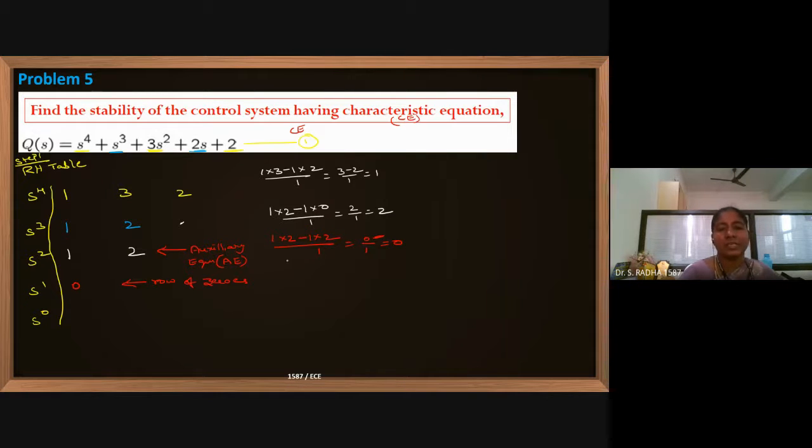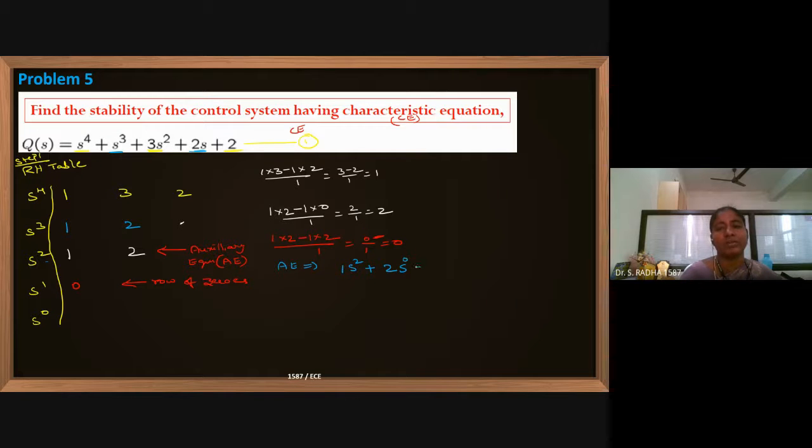We have to write the equation. The coefficients are 1 and 2, from the s power 2 row. So 1 into s square plus 2 into s power 0 equal to 0. Alternate powers only are used, so s power 1 will not come.